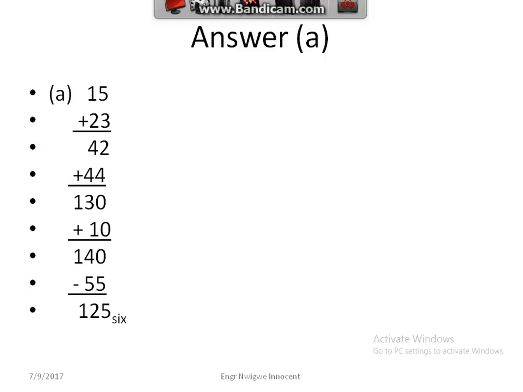125 base 6. How? 0 minus 5 is not possible. We borrow 1 from 4 and add to 0, which is 10, and 10 minus 5 will give us 5. We are now left with 3. And 5 is less than base 6, so we will not subtract anything.